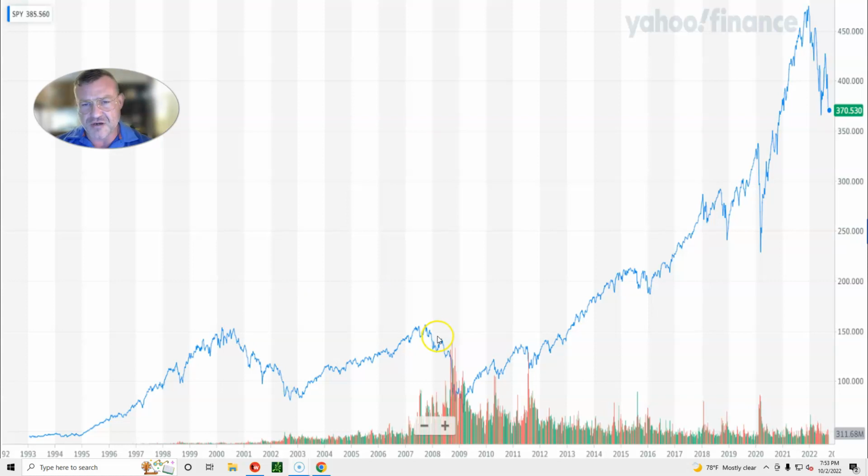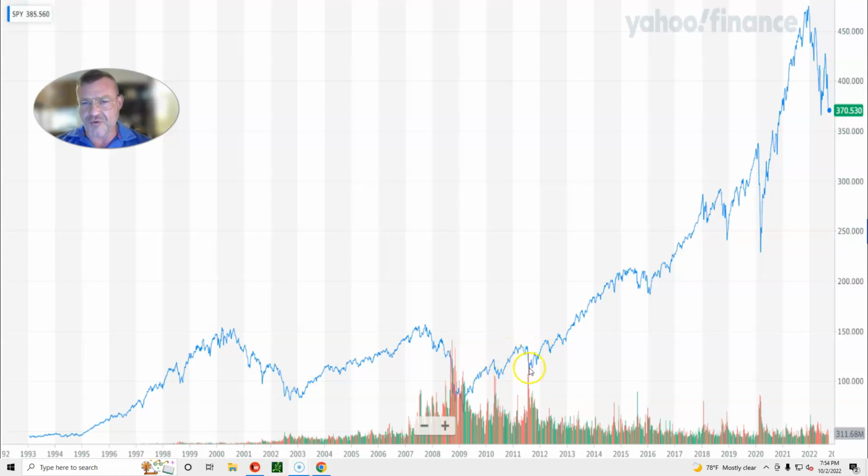Here's another one that lasted a little over a year. It started around the end of 2007 and looks like it hit the reverse around the beginning of 2009. Same thing, during this bear market, prices went up. So that's what's going to happen. It's going to be this ebb and flow.